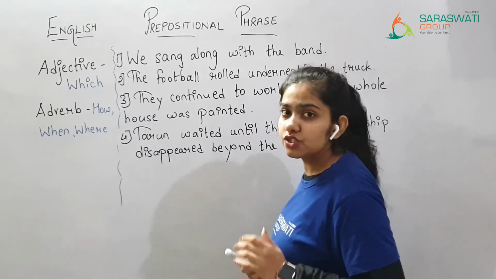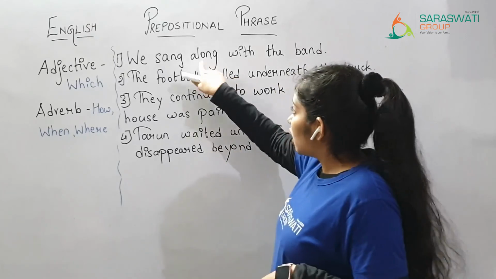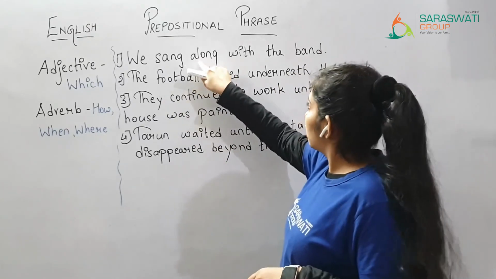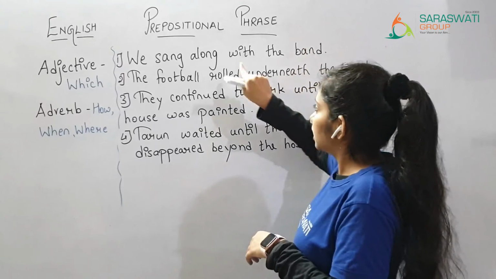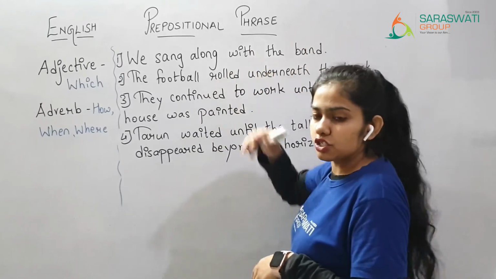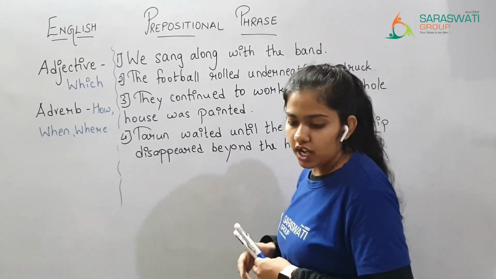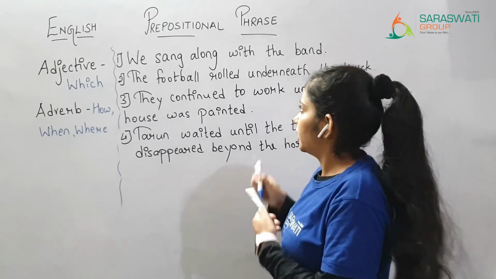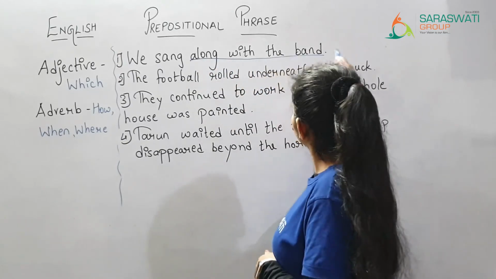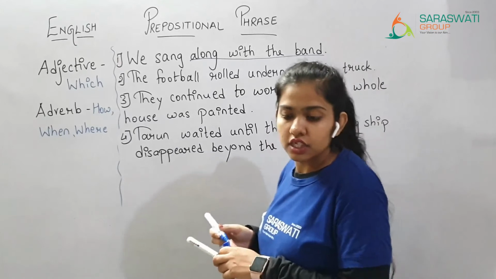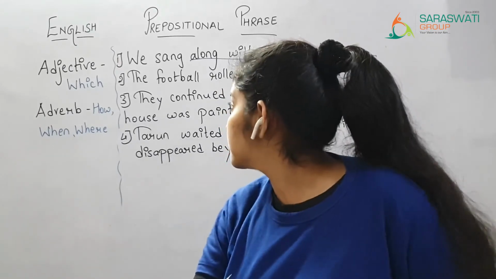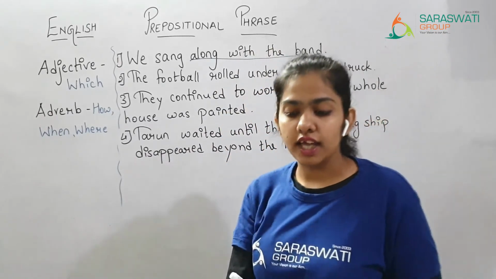Along is a preposition, and with is the preposition. Our answer is along with the band. Now, the next is the football rolled underneath the truck.